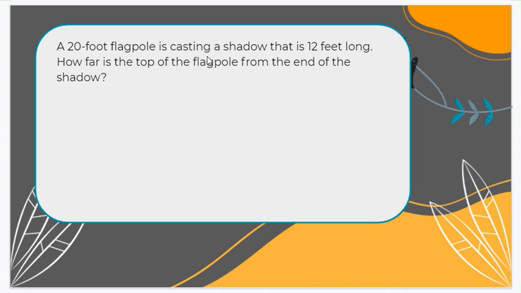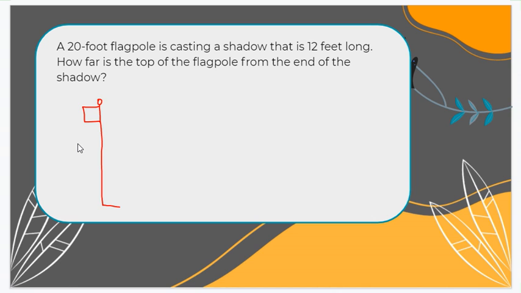All right, this time we have a 20-foot flagpole casting a shadow that's 12 feet long. How far is it from the top of the flagpole to the end of the shadow? All right, so we're going to draw our flagpole. And then we're casting a shadow, so the shadow's on the ground. Oh, let me erase a little bit because it shows me that my shadow is smaller than my flagpole.